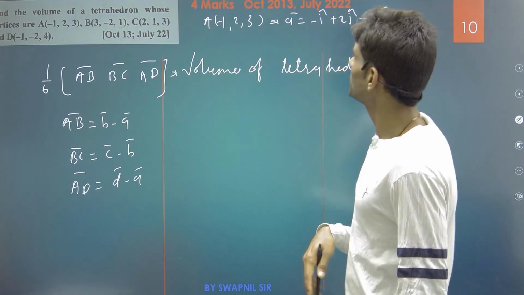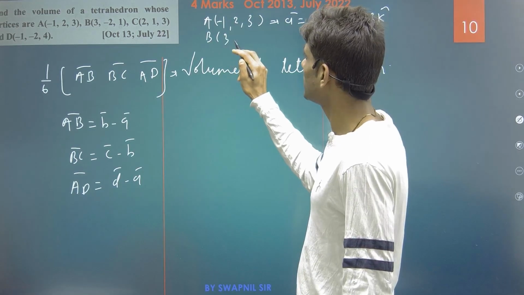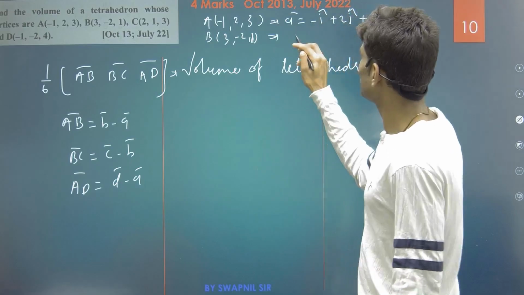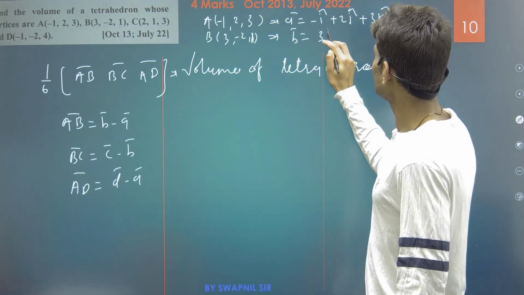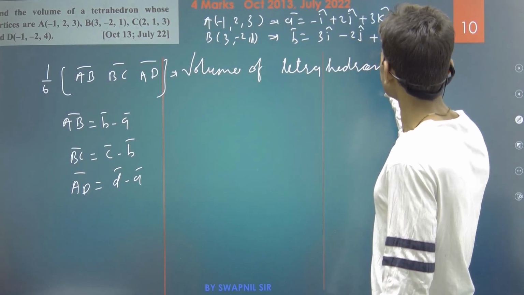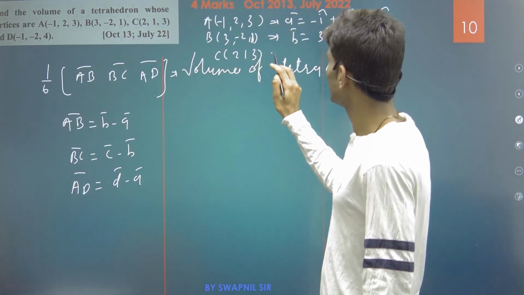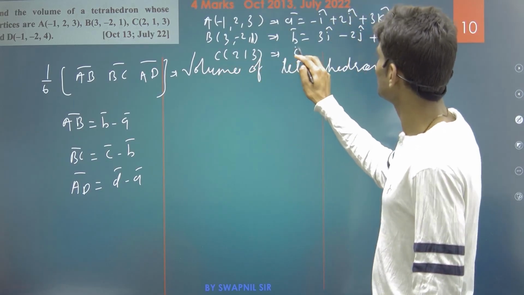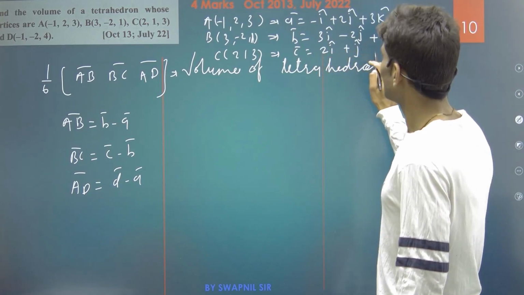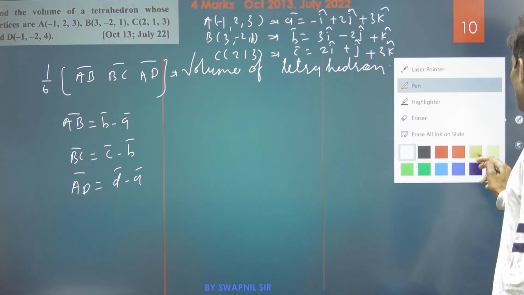Similarly for vertex B (3, -2, 1), the position vector B bar is 3 I cap minus 2 J cap plus K cap. And for the third position vector, C (2, 1, 3), position vector C bar is equal to 2 I cap plus J cap plus 3 K cap. These are the three given position vectors.